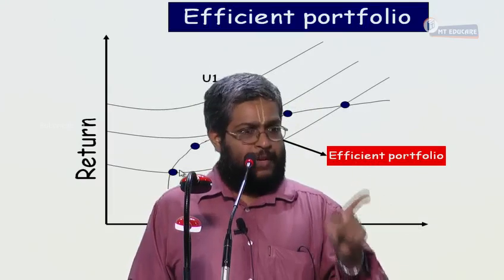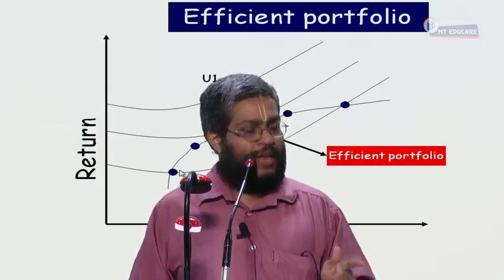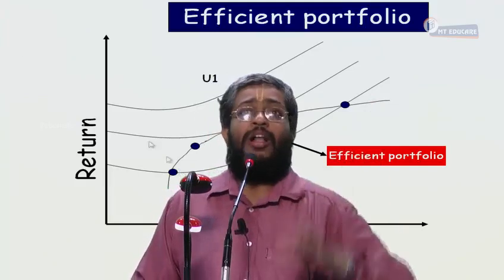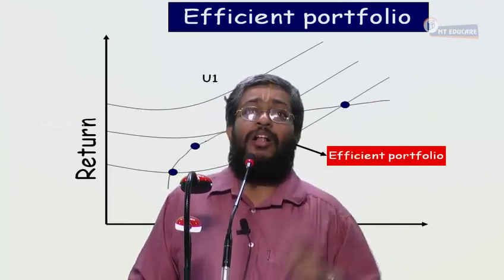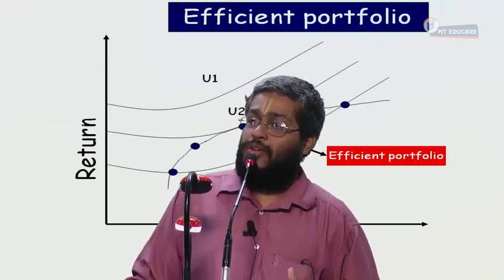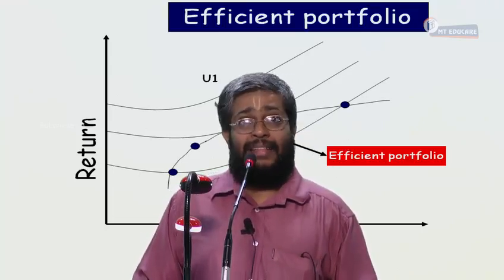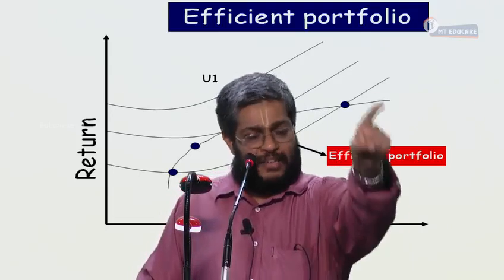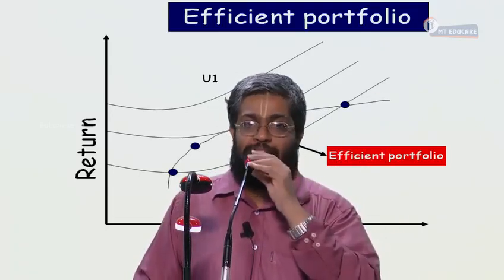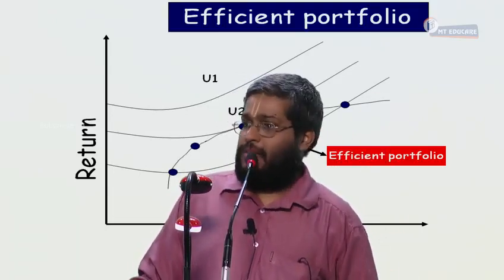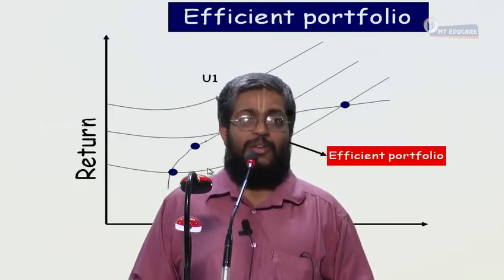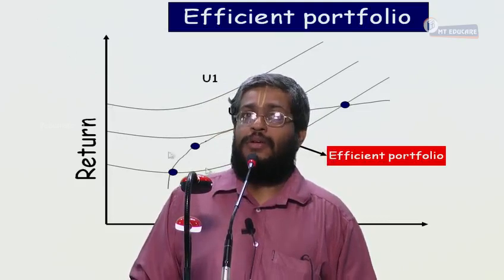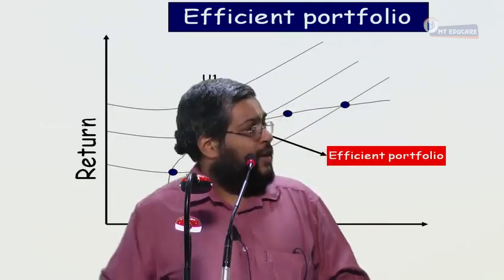You ask me to repeat, I'm repeating. Why are you shouting? I'll dictate once again. All the other points, you just listen and write, understand and write. All the other points, which touch what? Utility curves, other than the point of tangency. Written up to this or not? Other than the point of tangency, falls in what? Lower utility curves.